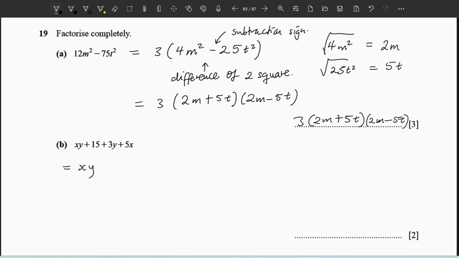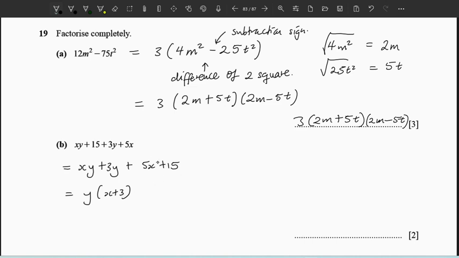So I can write xy plus 3y and then plus 5x plus 15. Just moving around those terms so that at least the first 2 terms have something common. So y is common here, then we have x plus 3.